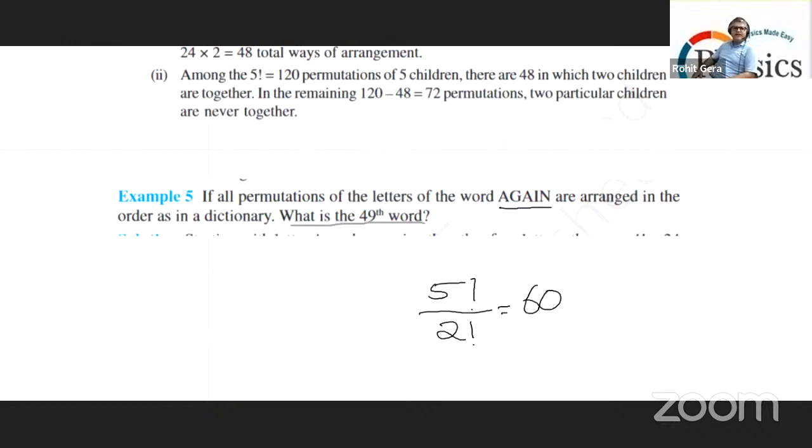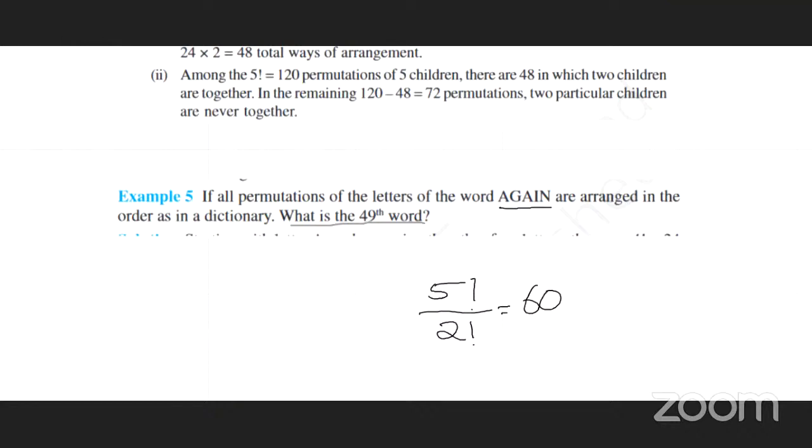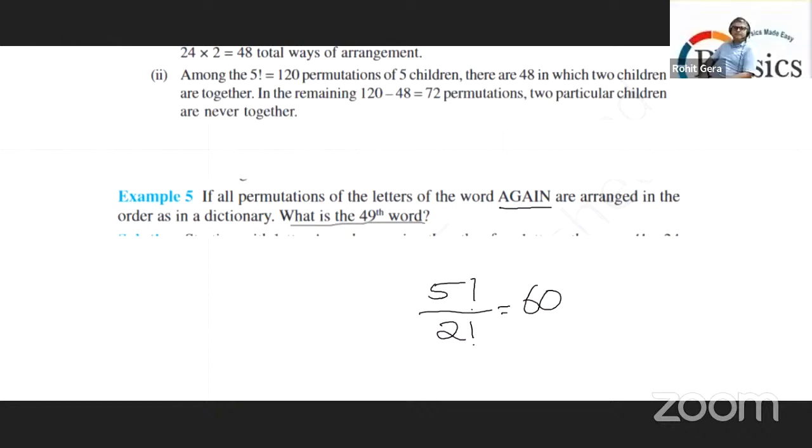A, B, C, D, E, F, G, H. So first will come A. No, G will come first. Now we don't have to tell the count. We have to tell the 49th, and what word will it be? The order is as in the dictionary. Okay, in the dictionary, what will come first?